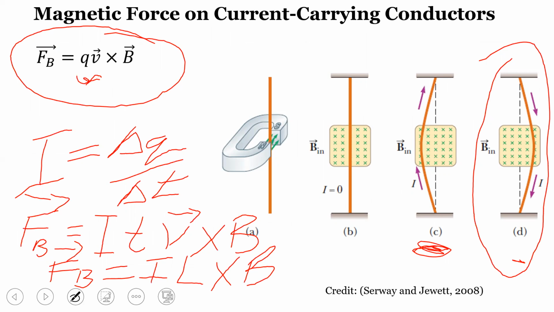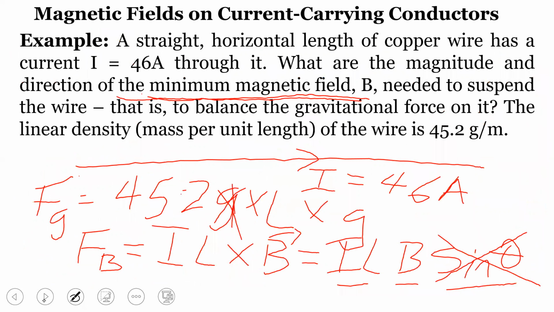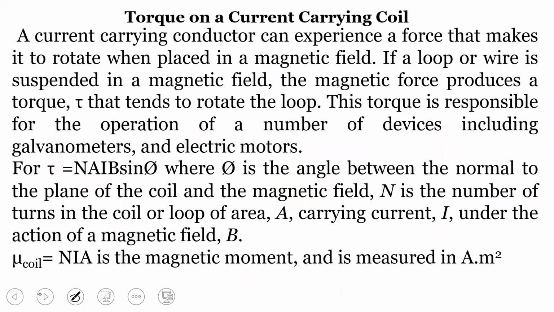It depends on the velocity here, and also depends on the magnetic field strength here. Similarly, it depends on the current that is flowing through. Large amount of current should give us larger magnetic force. That is expected.